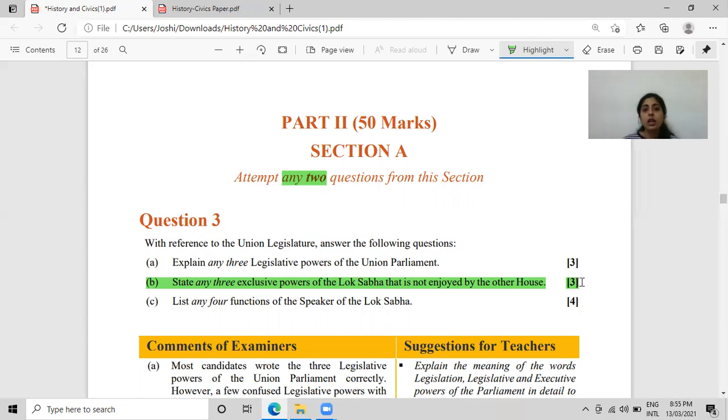Out of this 3, you have to attempt any 2. So you have an option. You can go through all the 9 questions. One question having 3 sub-questions. So you can go through all the 9 questions and then decide which 2 set of questions you are confident for and then attempt the same.